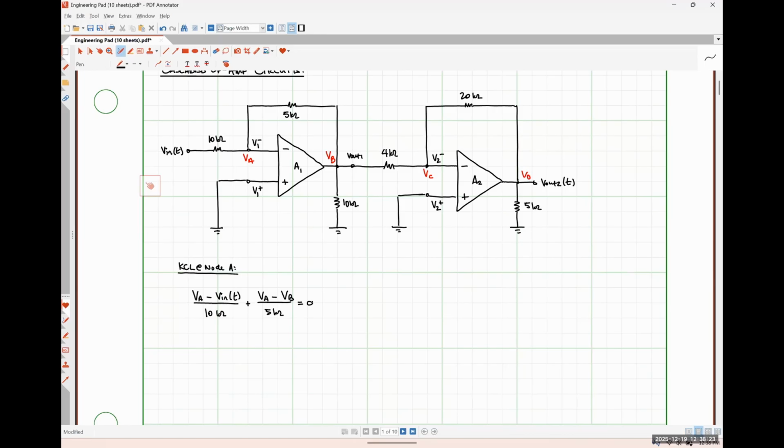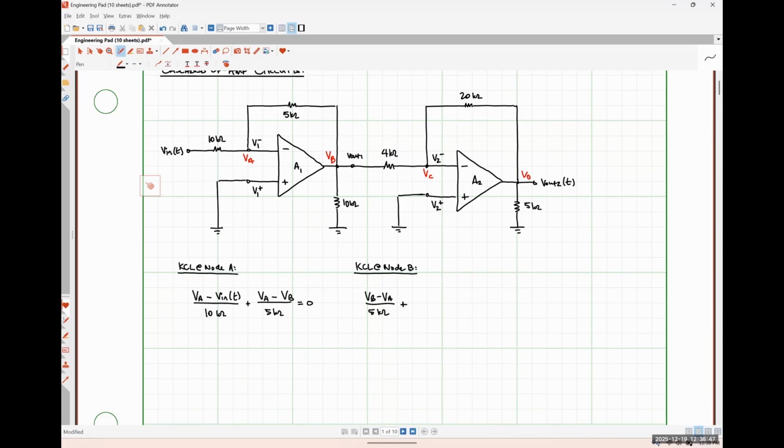Okay. So the next thing I'm going to do, over here to the right, is try to write an equation for KCL at node B. Would you guys care to help me write this one? VB minus VA over 5 kilo ohms.